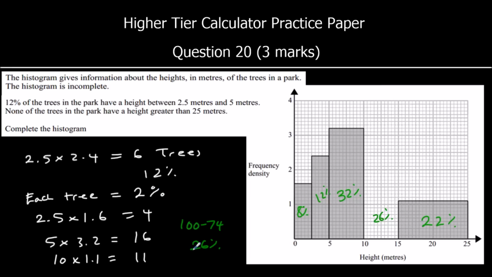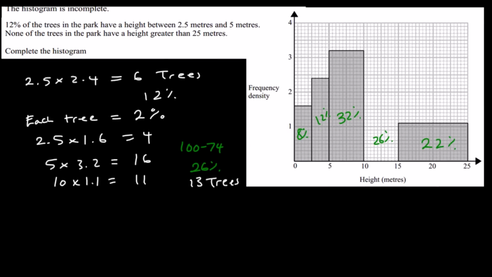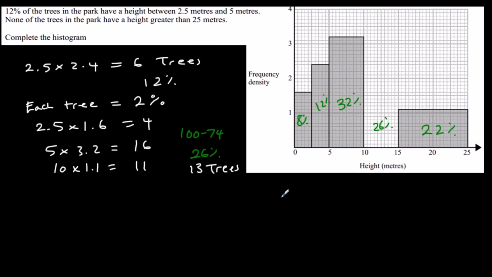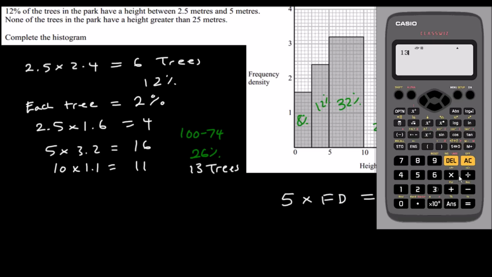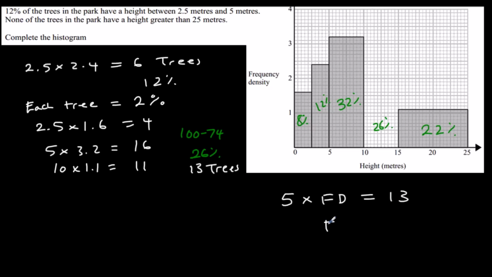So we've got an area of 13 trees. 13 trees missing. So the class width, 5, times the frequency density, the height, must equal 13. 13 over 5 is 2.6. So the bar must be 2.6 tall to have an area of 13.